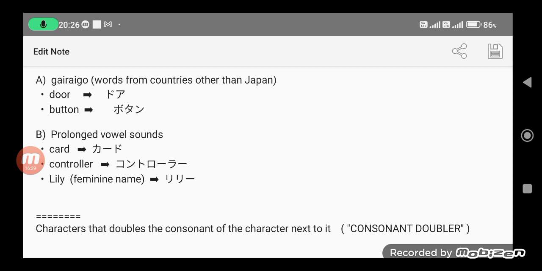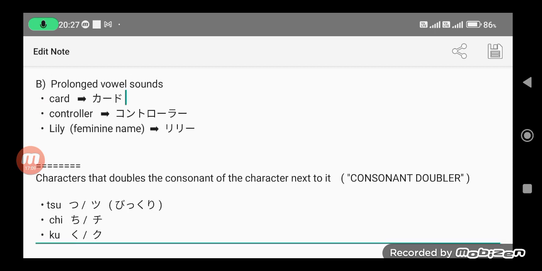And examples of gairaigo: door, it's doa; button, it's botan. So you see those peculiar means of Japanese in transforming the originally English word into their version of gairaigo, their version of Japanese English words. Door, doa. Button becomes botan.